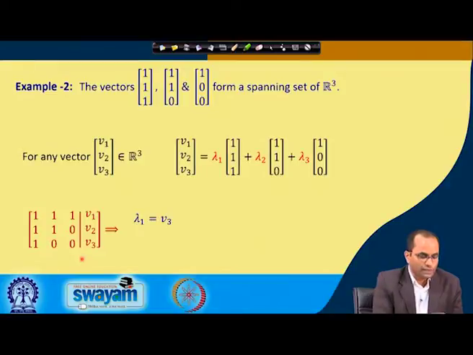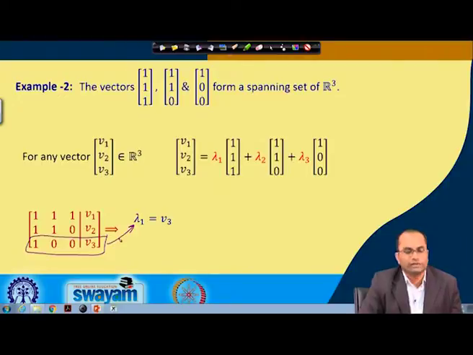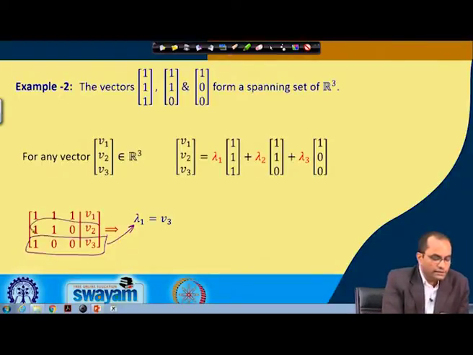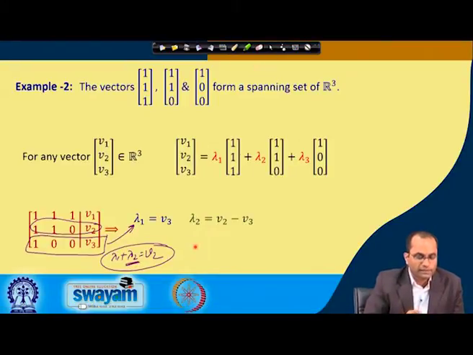We do not have to do that, because the third equation tells us that lambda 1 is equal to v 3. So, from here itself we get the direct answer that lambda 1 is equal to v 3. Now, the second equation tells us that lambda 1 plus lambda 2 is equal to v 2, so we get lambda 2 as v 2 minus v 3.